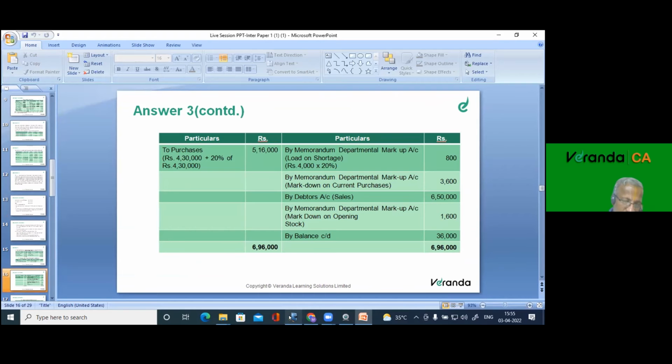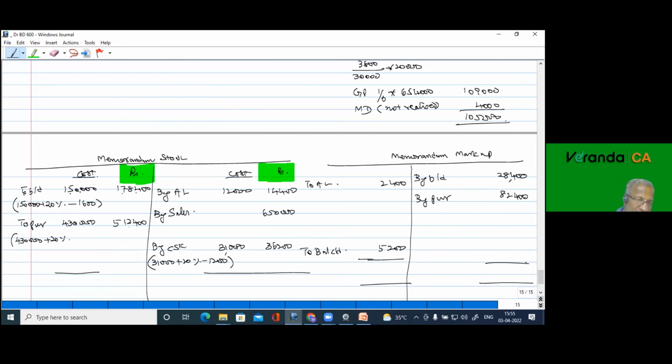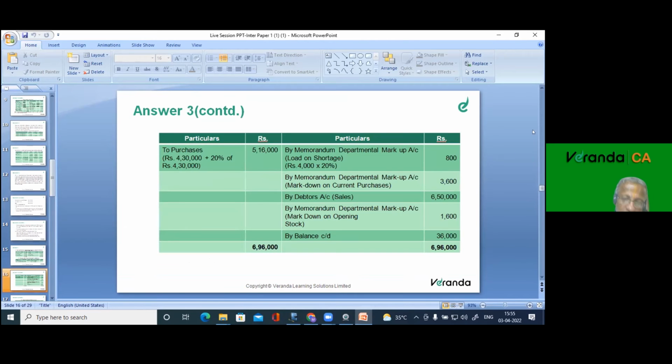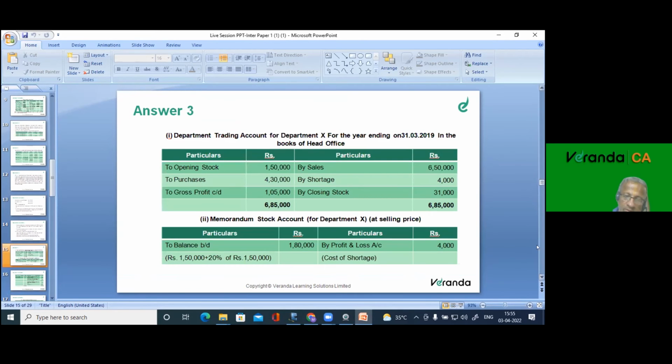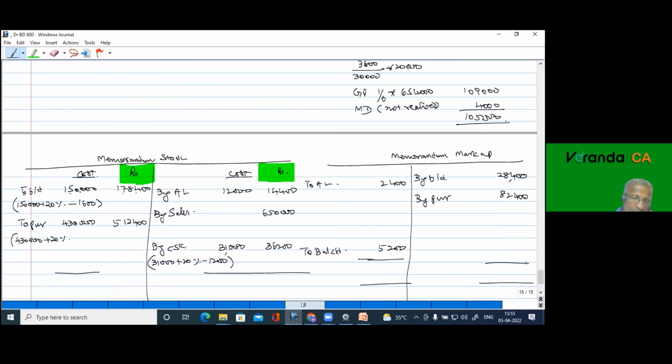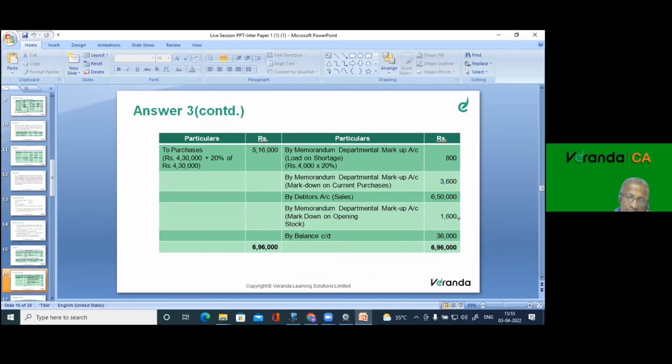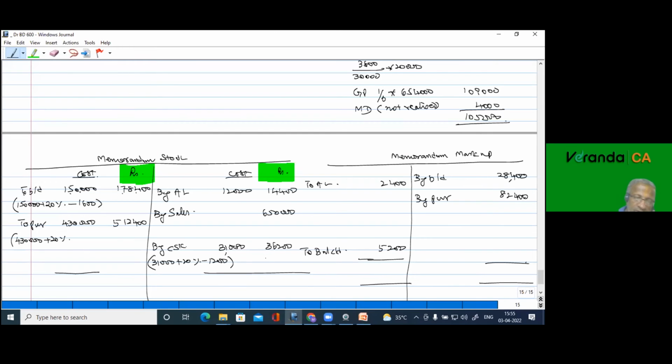Yes. So you would have seen 5,16,000 and then markdown is on the opposite side. For shortage, we have just taken up 6,40 and say 1,000 to 1.2 minus 1,200. 36,000 is.